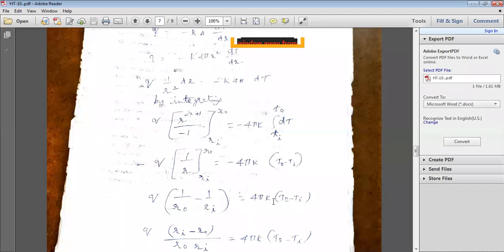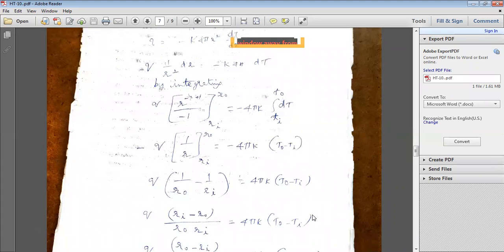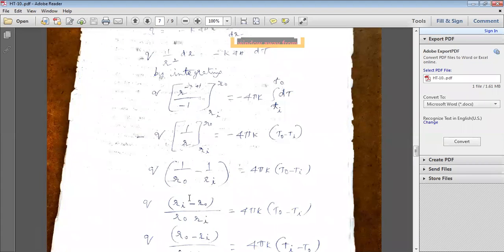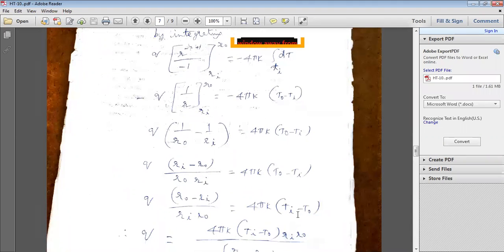is equal to 4 pi K into To minus Ti. After simplification, Q into (Ri minus Ro) divided by (Ro into Ri) is equal to 4 pi K into To minus Ti.